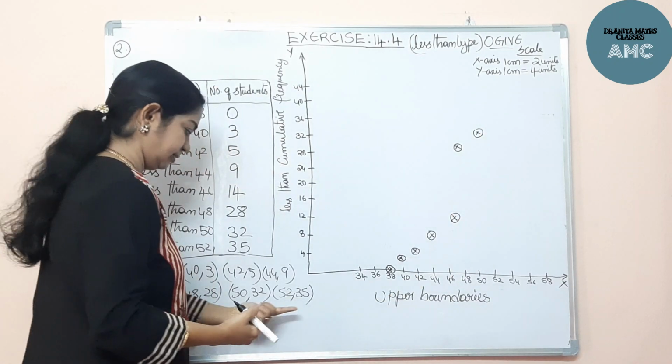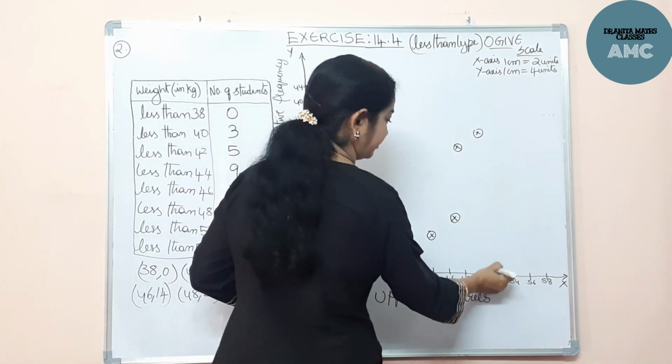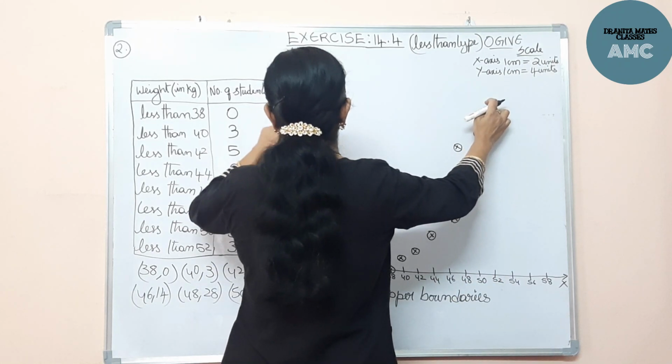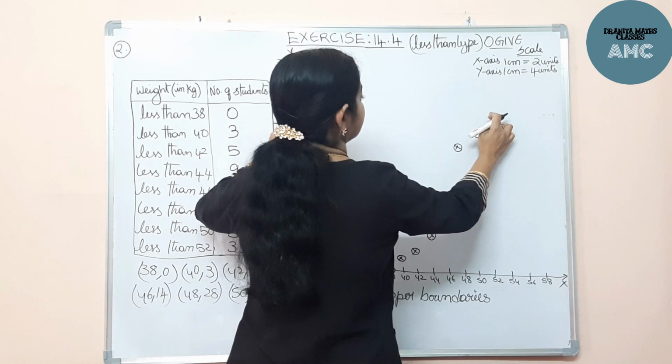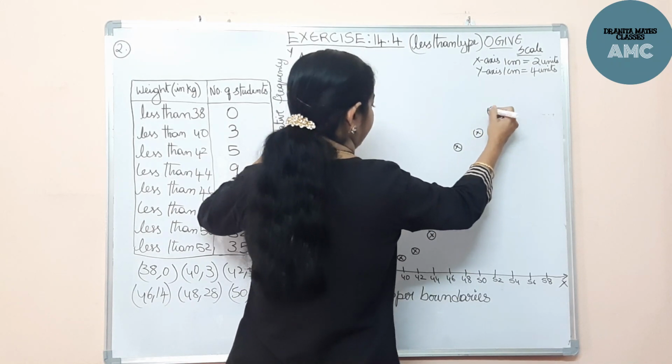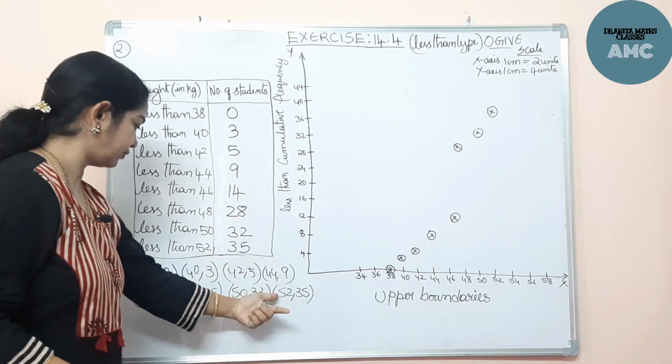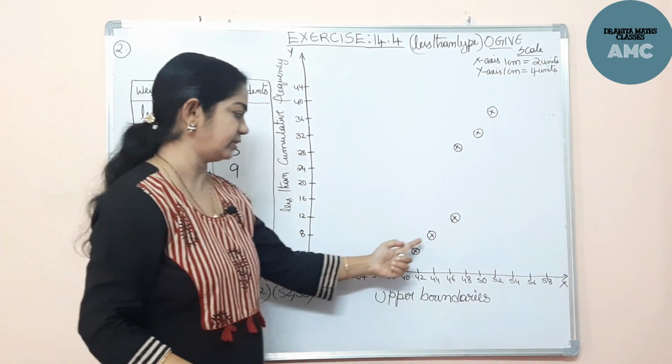Now 52 and 35: 52 here, go straight to 35, which is below 36 here. We have plotted all the points: 1, 2, 3, 4, 5, 6, 7, 8. Eight points we have plotted.